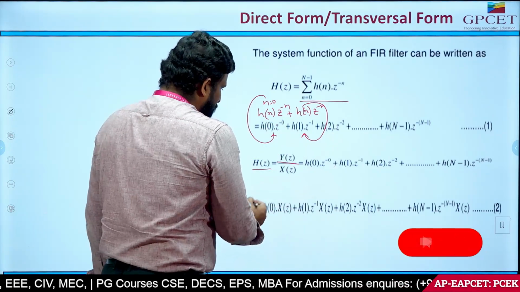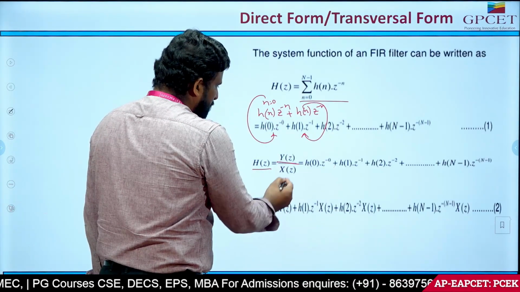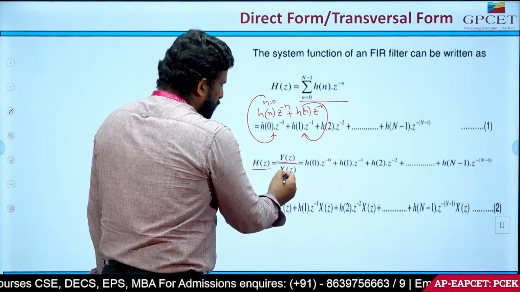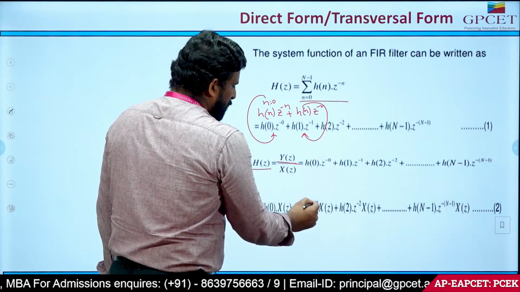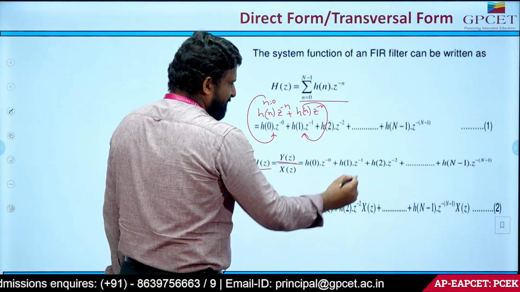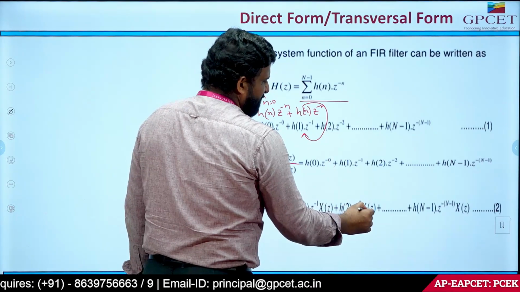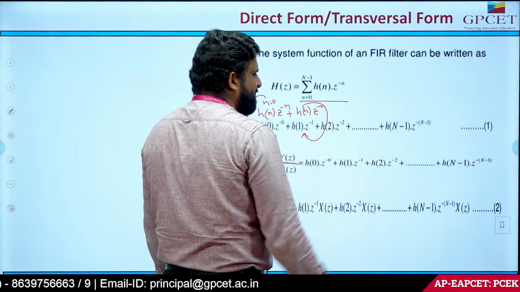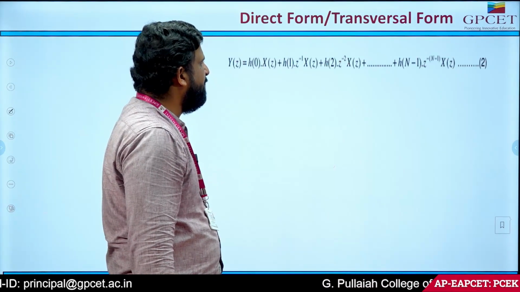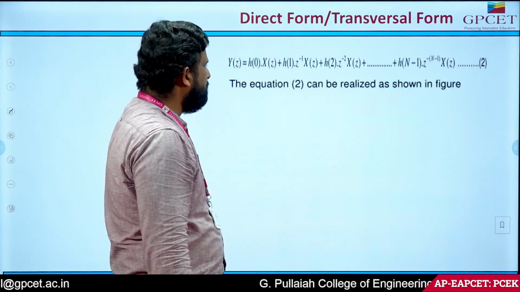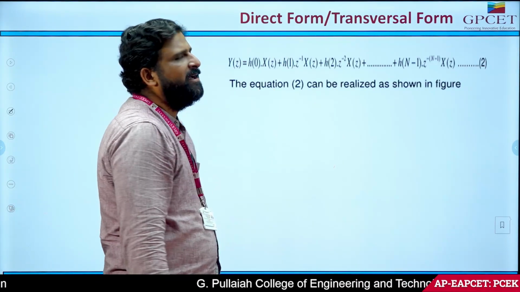So I got Y of z is equal to h of 0 into X of z, z power minus 0, plus h of 1, z power minus 1 into X of z, plus h of 2, z power minus 2 into X of z, and so on. That means I multiplied this X of z to all the factors on the right hand side. Based on this second equation, I am going to realize the structure.